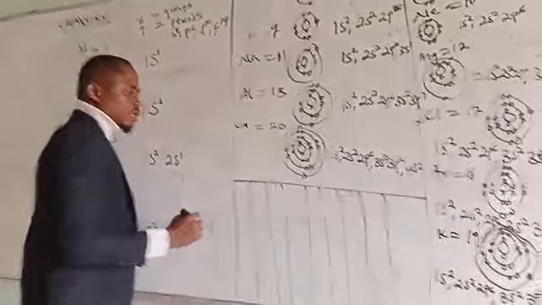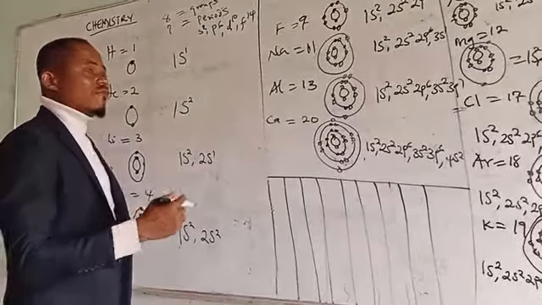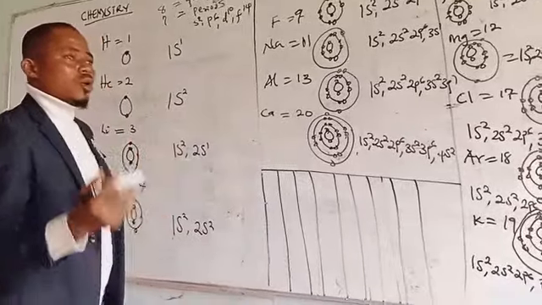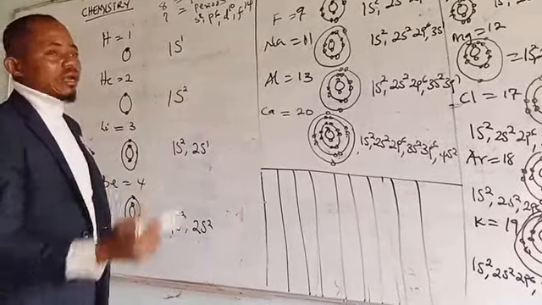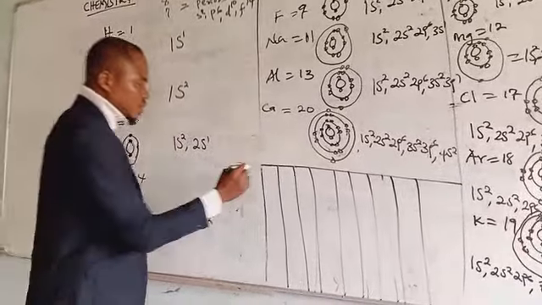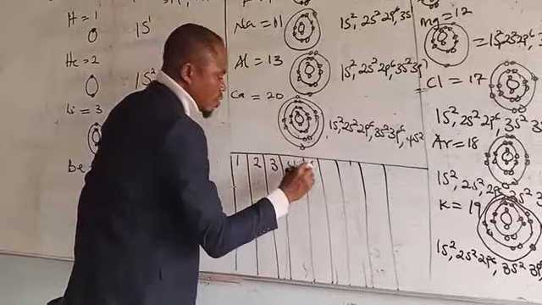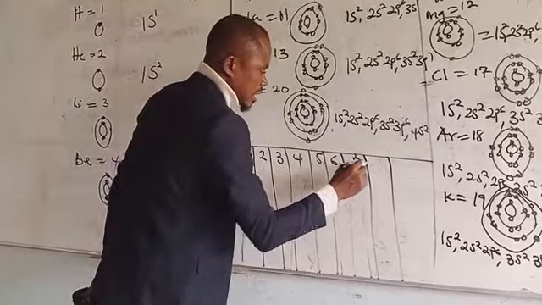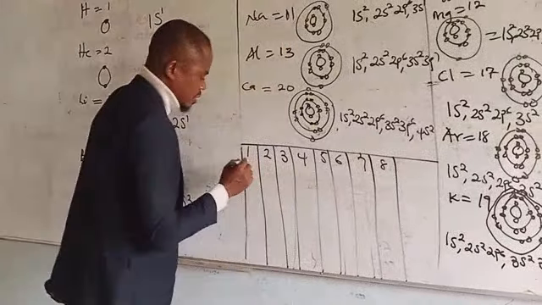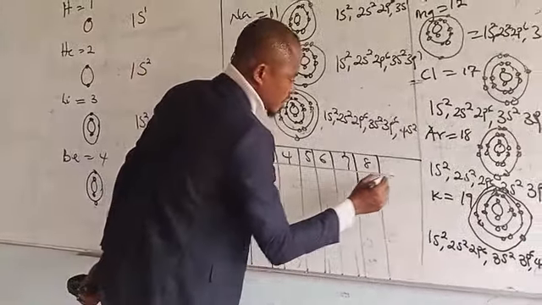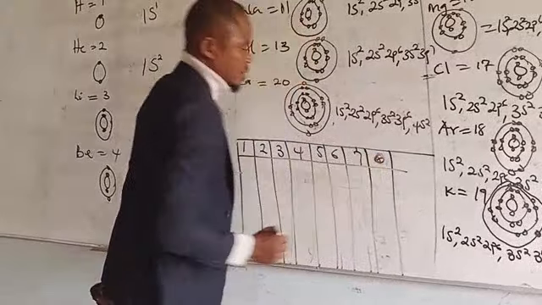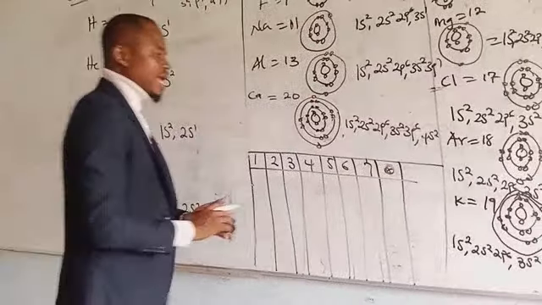Let's count. Some authors use numbers from 1 to 8, while others use from 1 to 7 and 0, or from 0 to 7. So this is going to be group 1, 2, 3, 4, 5, 6, 7, 8. So these are the 8 groups. I'll call this 0 rather. It's more convenient for me. These are the 8 groups.